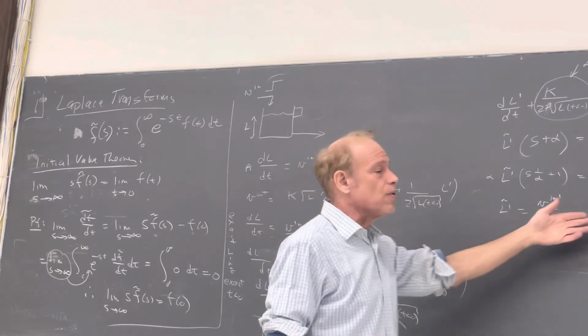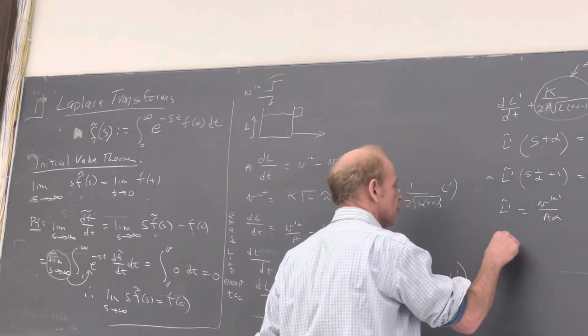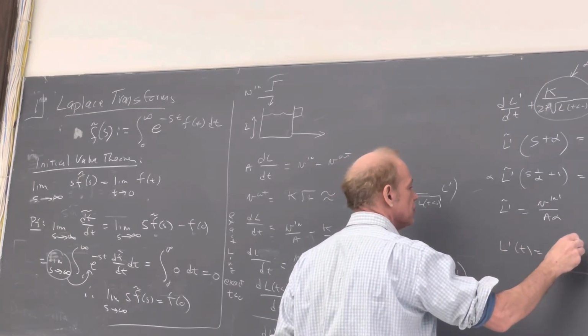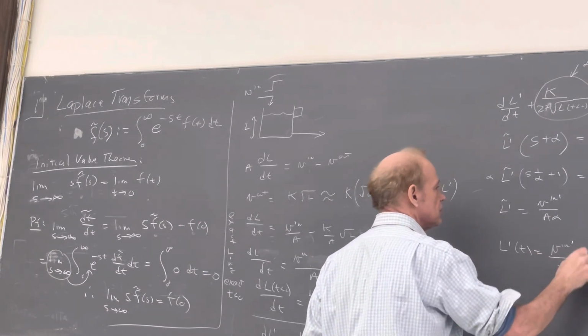Okay. All right, so now I look at, this is again line 5, good old line 5. So this tells me that L prime of t is equal to v in prime over a alpha.